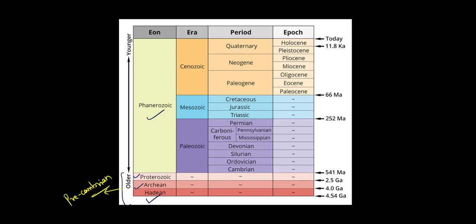Further, the eras are divided into Cenozoic, Mesozoic, and Paleozoic. Similarly, these are the different periods, and these are the epochs. We will discuss all these terms and the changes that occurred in these particular time periods one by one.